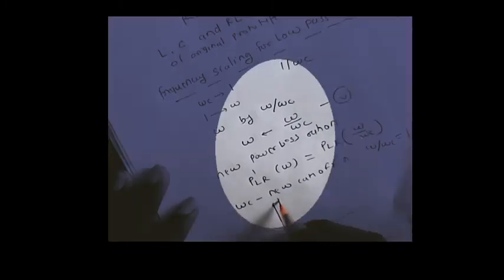So we can draw the graph of the PLR. For the band pass band, the original frequency is when omega is equal to 1.